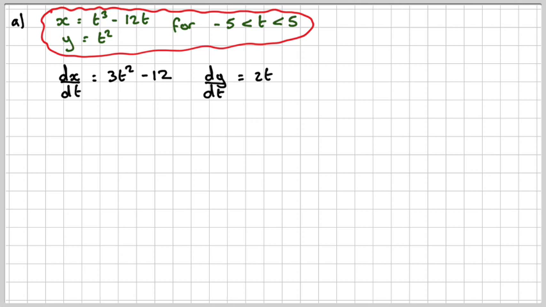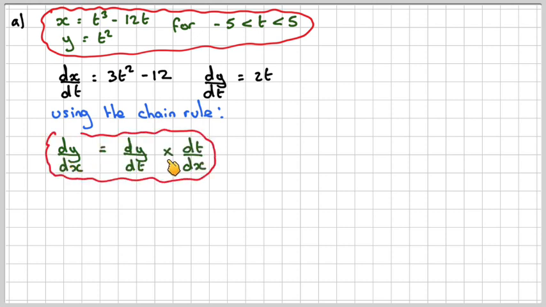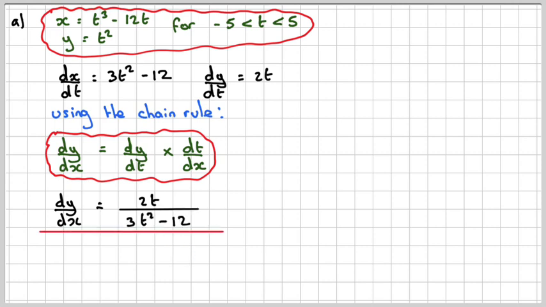But we want dy by dx, so we have to use the chain rule. Using the chain rule, dy by dx is dy by dt times dt by dx. So dy by dx is equal to 2t times 1 over this. You have to take the reciprocal of this one, because this is what you want here. So we can write this as 2t over 3t squared minus 12.